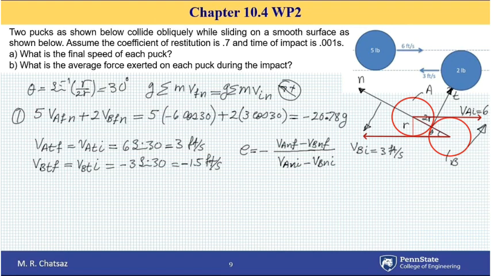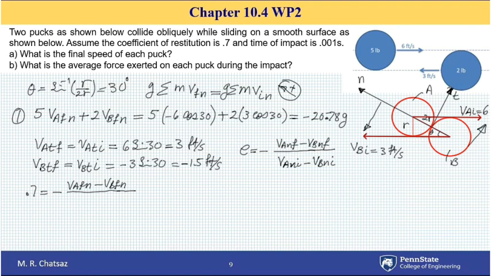So that's the formula. If I follow the formula closely, as far as numerical values are concerned, I have 0.7 for e equal to minus the fraction, which has a numerator with 2 unknowns, VAF normal minus VB final normal component, and then I have the initial velocities, so I plug them in numerically.